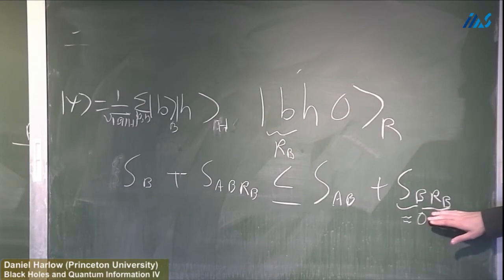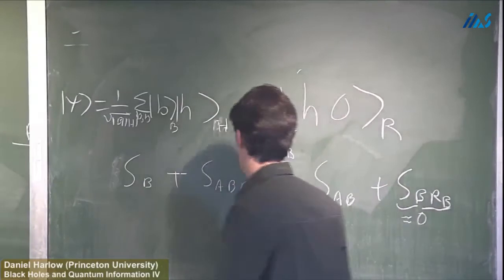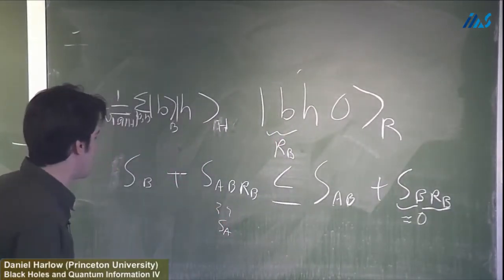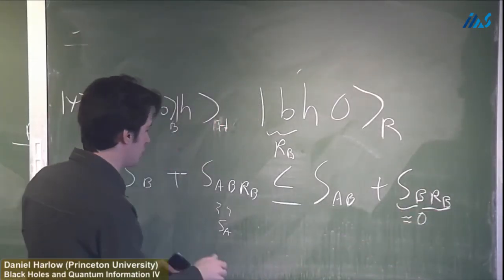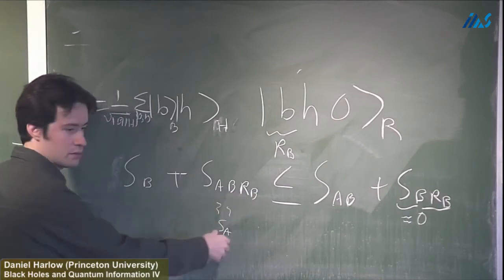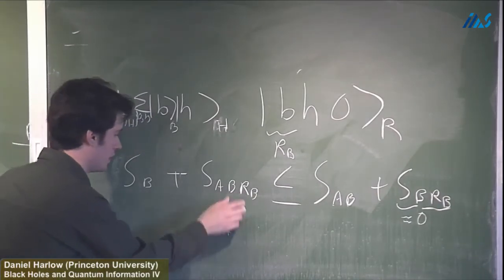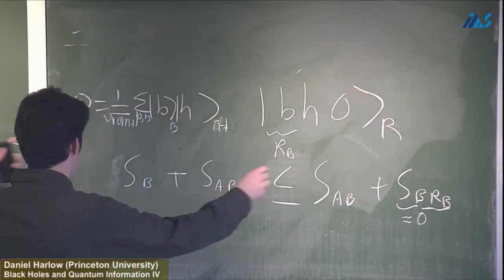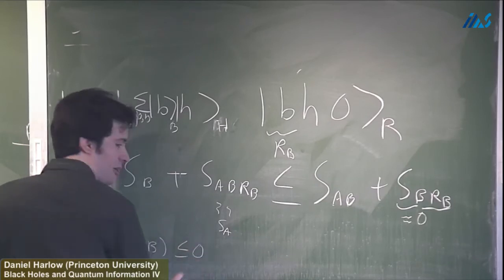Now, if this is close to 0, then you can convince yourself that S_{ABR_B} is just S_A. Intuitively, it's kind of clear. If these are pure by themselves, then ABR_B should just be the product state of the BR_B state times rho_A. And then the pure state won't contribute to the entropy. But then what have we learned? We've learned that the mutual information between A and B is negative or 0.